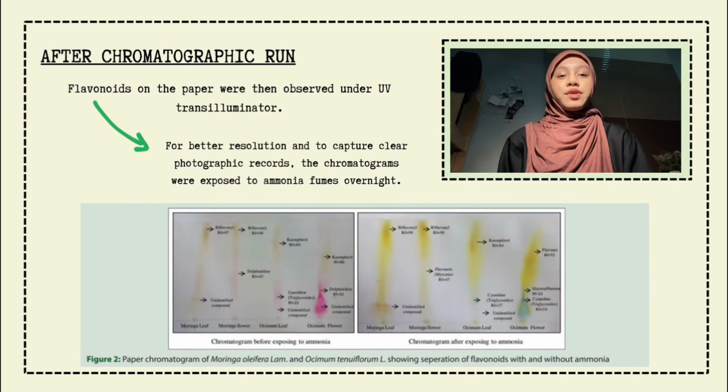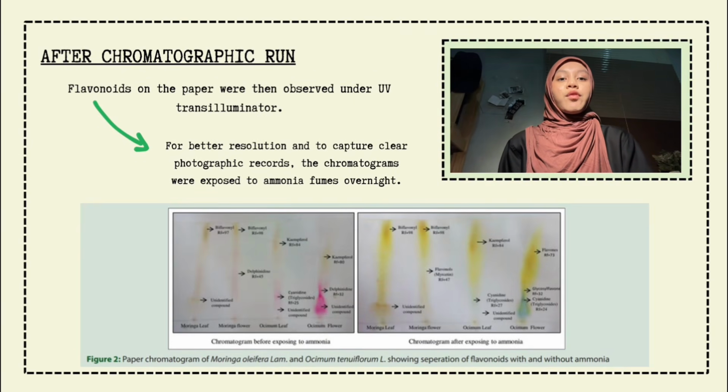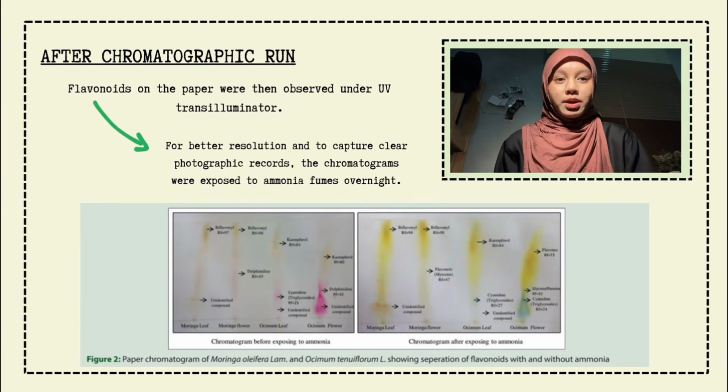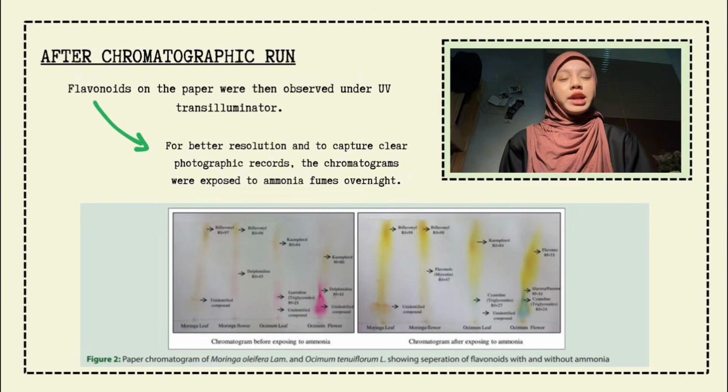After the chromatographic run, the flavonoids on the paper were initially detected by observing them under a UV transilluminator. However, for better resolution and to capture clear photographic records, the chromatograms were then exposed to ammonia fumes overnight.